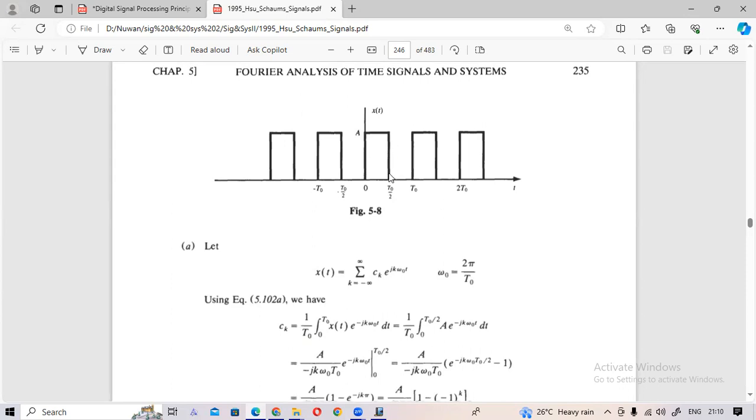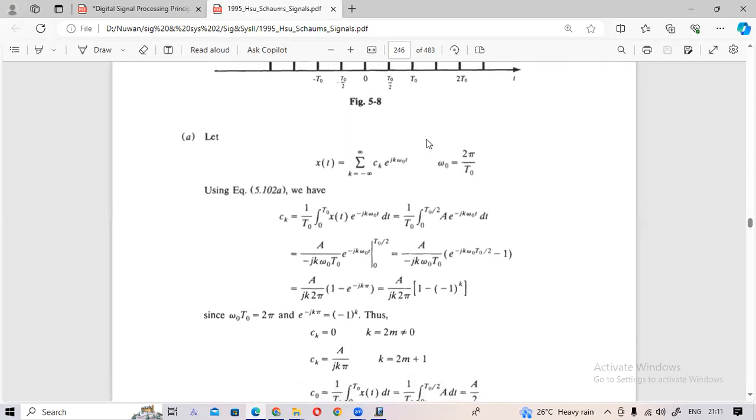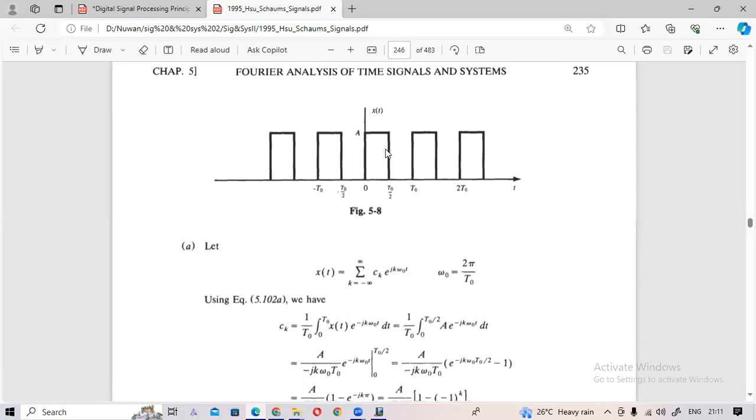So you can see that here we have a square waveform. This is not sinusoidal. Okay. So that means there should be several frequency components or harmonics. Using Fourier series, we are going to find these harmonics. How many harmonics, and what are the harmonics there?